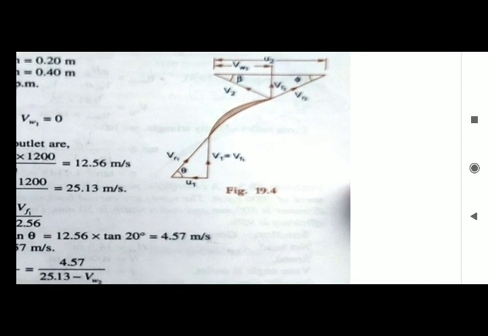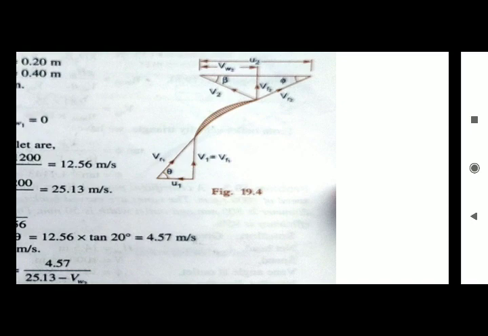Then from the inlet velocity triangle, vane angle is given. By using that vane angle theta and U1, just see the inlet velocity diagram. What is tan theta? Tan theta is equal to Vf1 divided by U1.